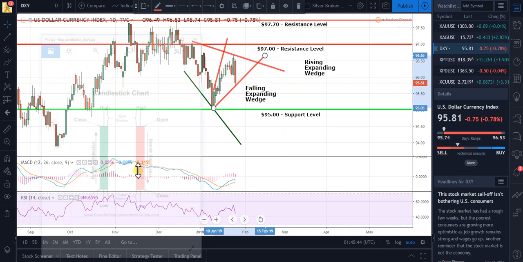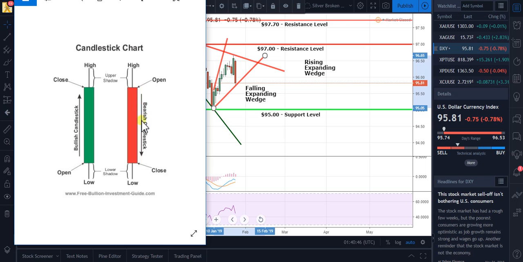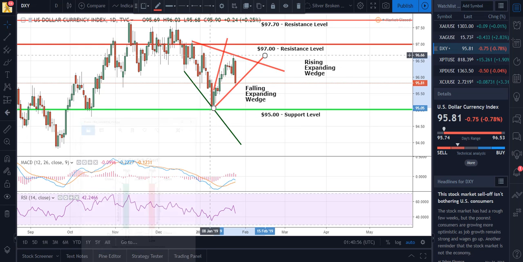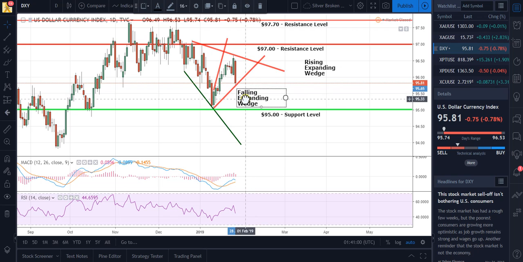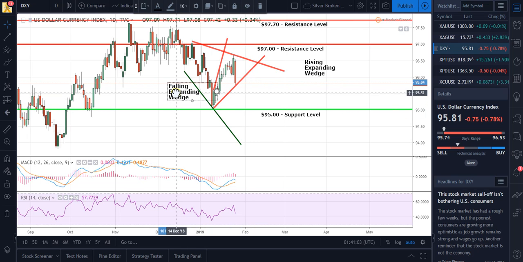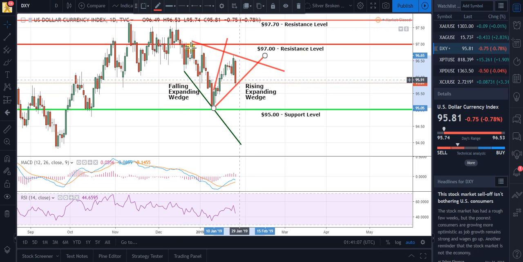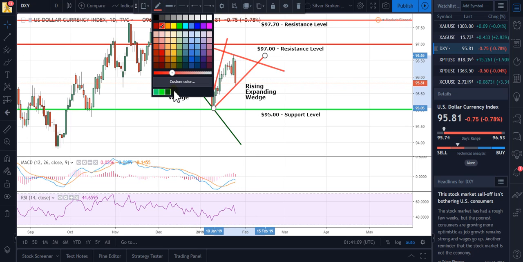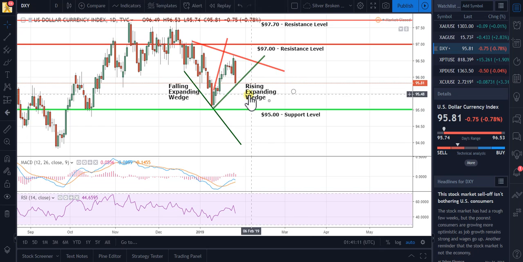And what I mean by that is, with a bearish candlestick, the closing price, there's practically no low there. So I don't really like to do that, but I'm going to go ahead and do that on this one. So the falling expanding wedge we'll put over here, the title of it, and the rising expanding wedge, just so it doesn't look too confusing, will be right there.